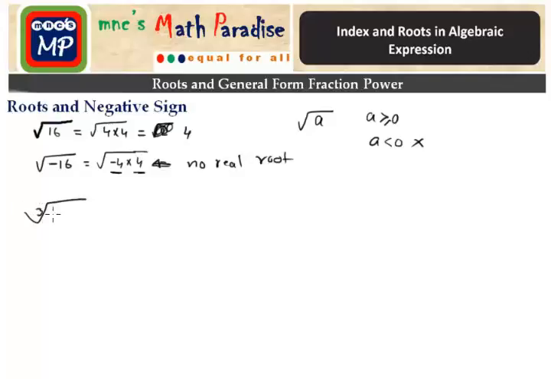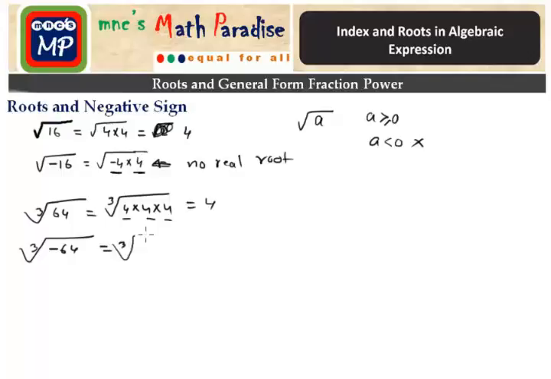Cubic root of 64 is cubic root of 4 times 4 times 4, that is 4, because here all three 4s are multiplied together, so the cubic root will bring out one 4. What happens if there is minus 64? Unlike square, there are not only 2 multiplications.